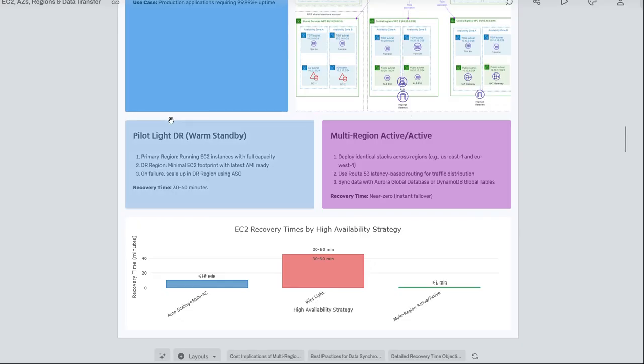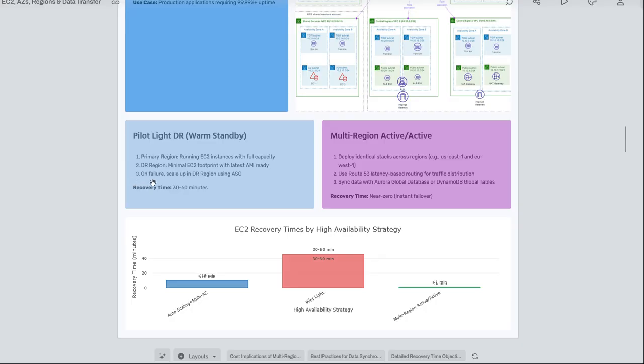And as we discussed in a previous video, pilot light disaster recovery, so warm standby, right? The primary region runs EC2 instances at full capacity. So we're running the actual primary service at full capacity, but we've got a disaster recovery region with a minimal EC2 footprint with the latest AMI ready. So we've got a sort of mini-type footprint machine running in there.